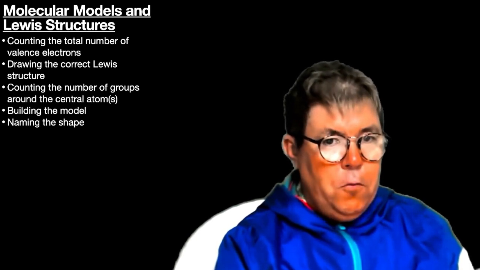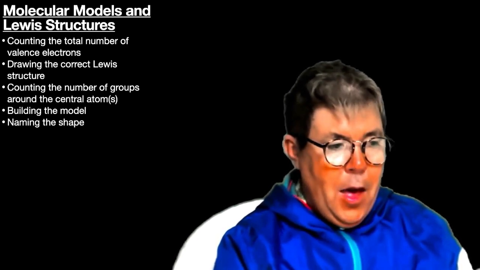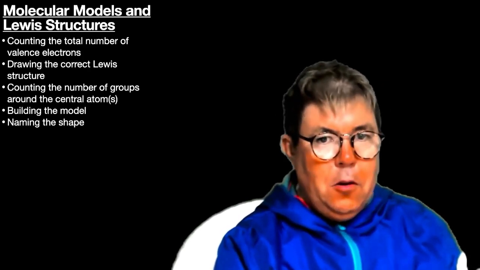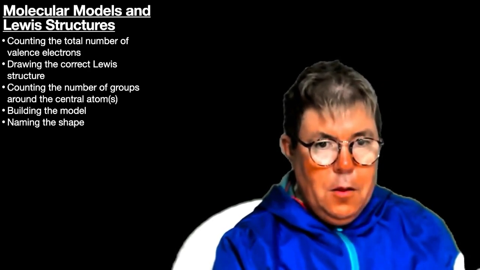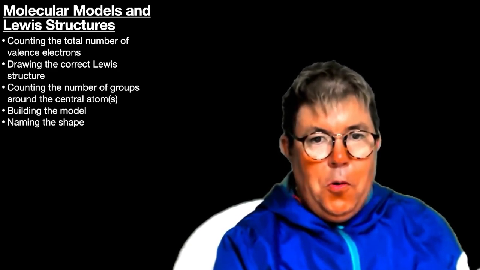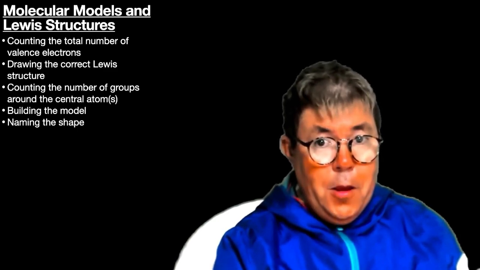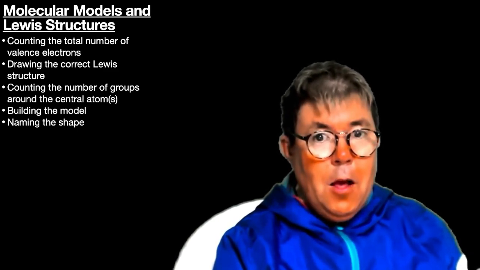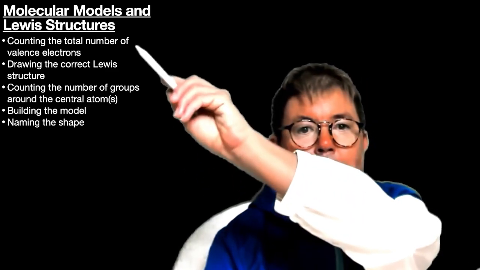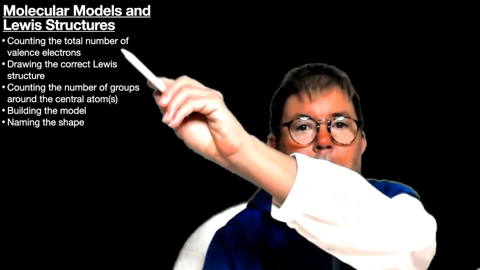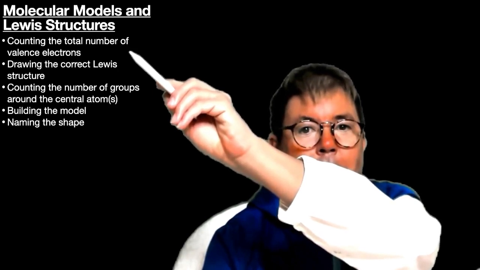So today we are going to look at molecular models and drawing Lewis structures. Let me give you a brief overview of how to go about this particular process. So the first thing we want to do when drawing the Lewis structures is to use the given formula, and we need to count the total number of valence electrons.